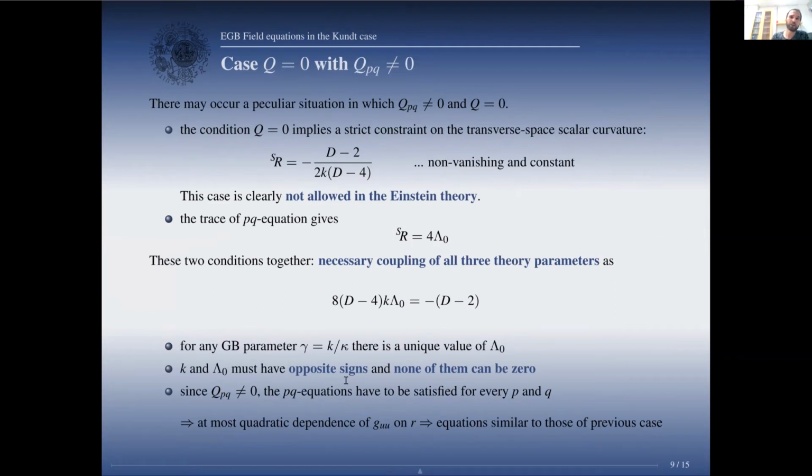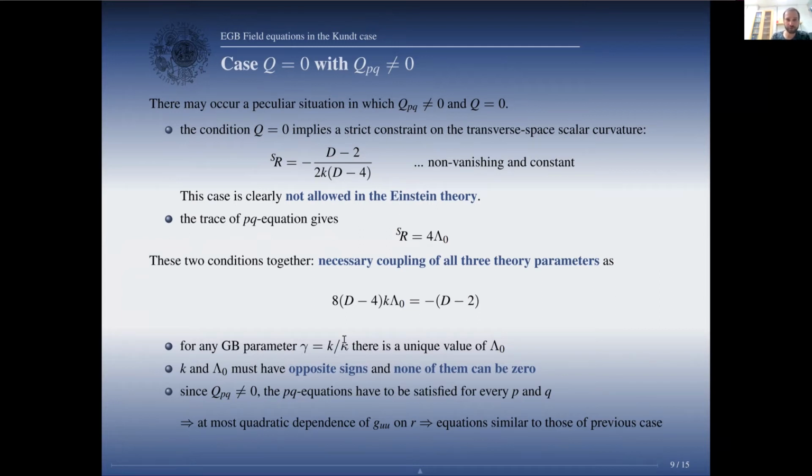Okay, then there is a peculiar case when the trace is vanishing and the tensor quantity is non-vanishing. This case is not allowed in Einstein theory because the Ricci scalar curvature is given in this form, and as you can see, for k equal to 0, which corresponds to GR, it would be vanishing. Then we have coupling with the cosmological constant, and combining these conditions gives a coupling between the cosmological constant and the theory parameters.